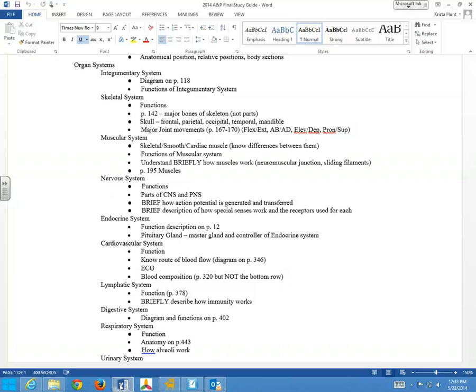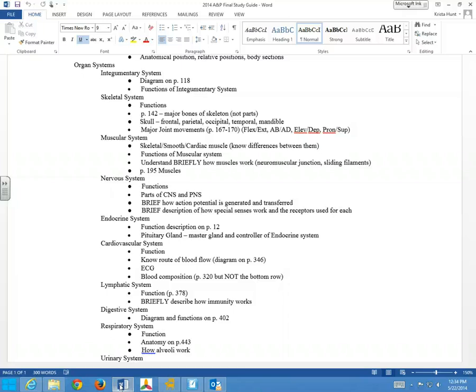Right. What else is different? Which one can you control with your mind, consciously? Skeletal muscles. Can you control your cardiac muscle cognitively? You cannot. How about smooth muscle? No, you cannot. So there's the striations, right? Cardiac muscle is like the combination of both skeletal and smooth. That's really all I want you to know as far as those go.